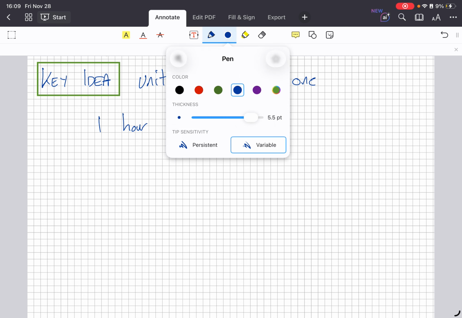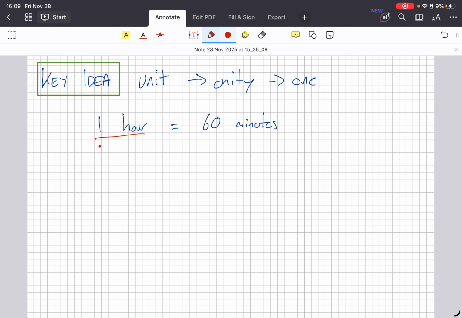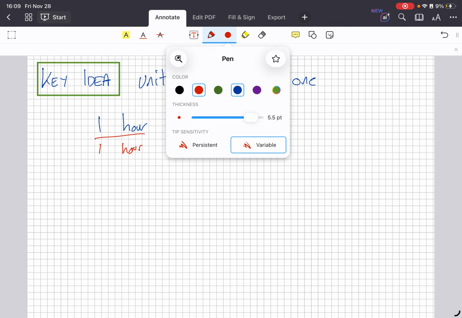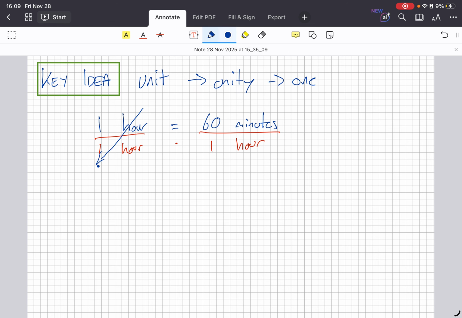So what that means in practice is if we divide both sides of this equation by 1 hour, then on this side of the equation, these two things cancel out and we just get simply the number 1. And on this side of the equation, we get something which is useful for solving problems.